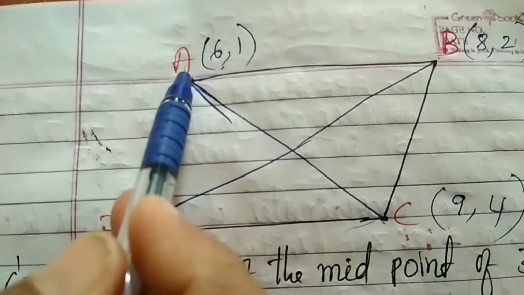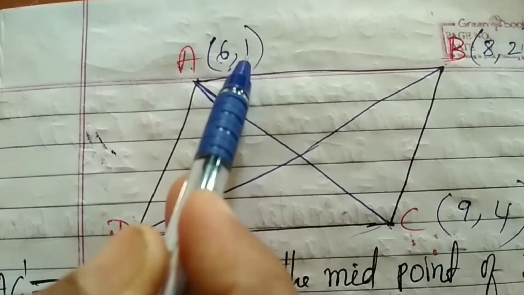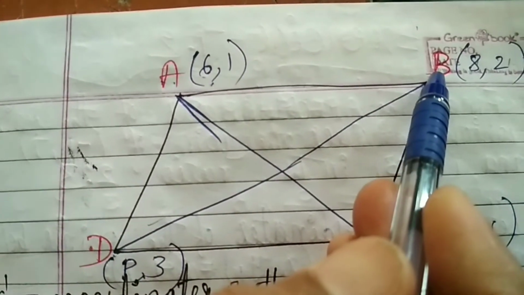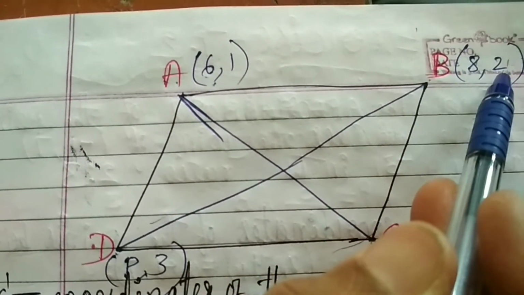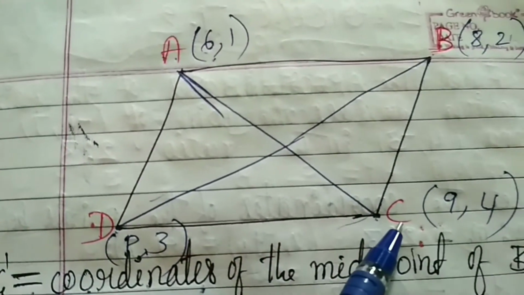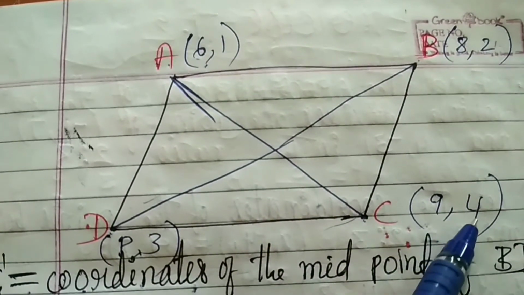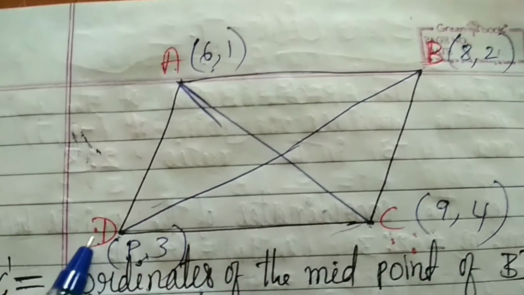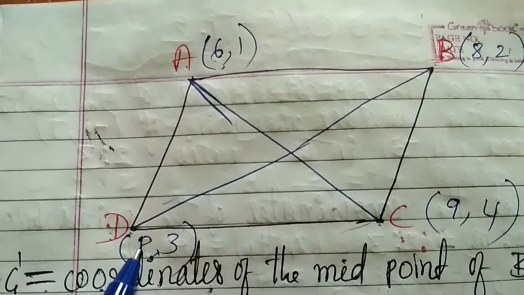The coordinates of A are 6, 1, B is 8, 2, C is 9, 4, and D is P, 3.